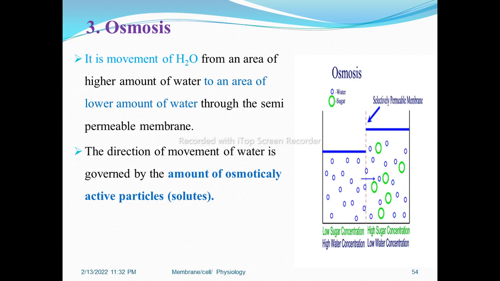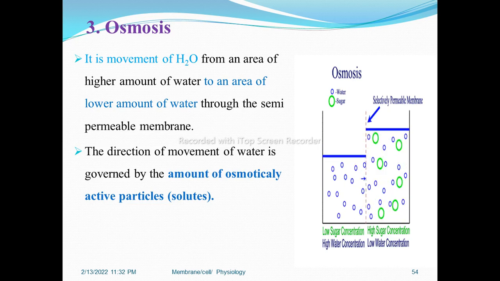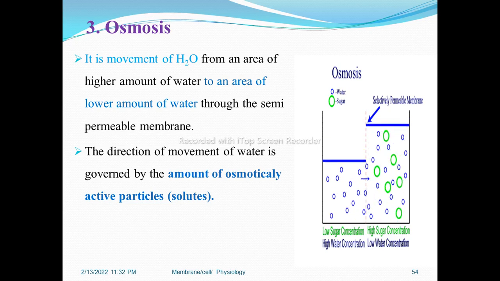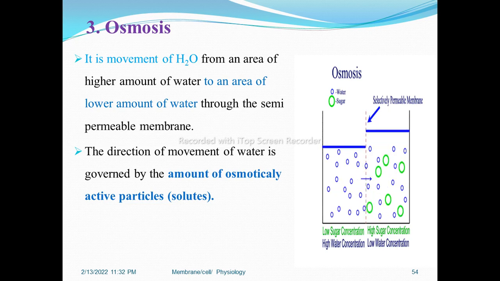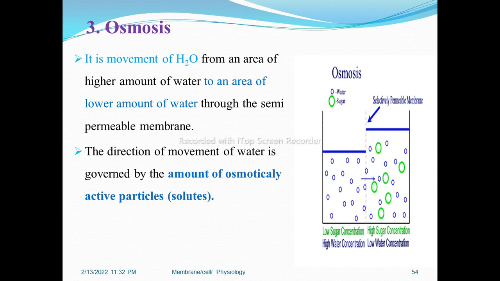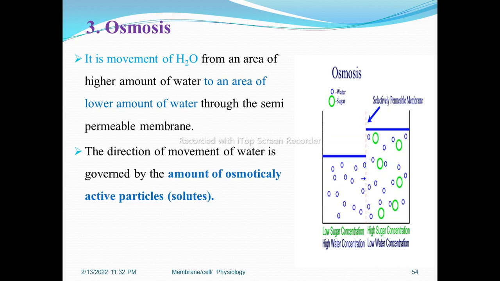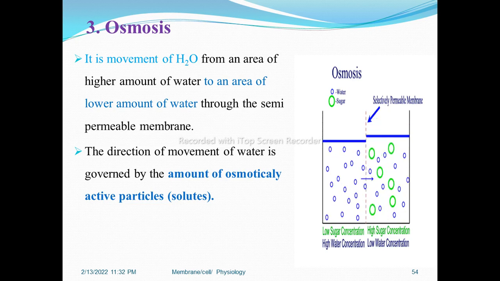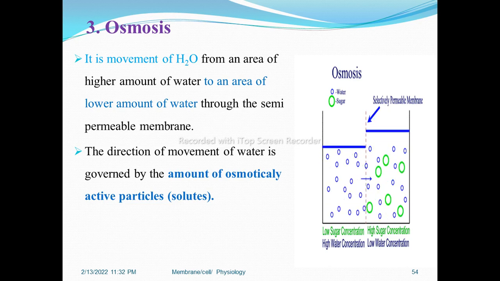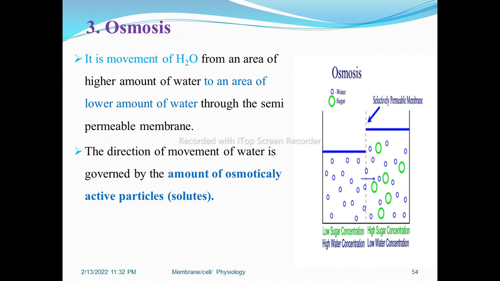It is measured in osmoles; 1 osmole is the gram molecular weight of a substance divided by the number of freely moving particles in solution. Osmolarity is the concentration of osmotically active particles per liter of solution, osmoles per liter. That means 1 osmole of solute added to 1 liter of solvent. Osmolality is the concentration of osmotically active particles per kilogram of solution.